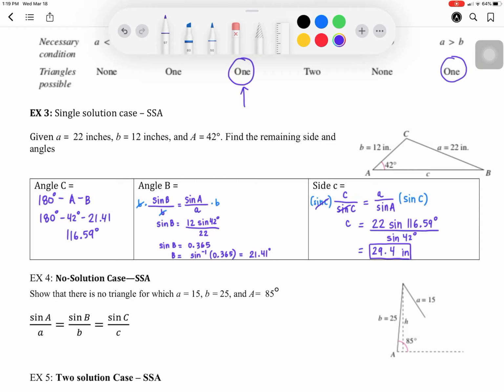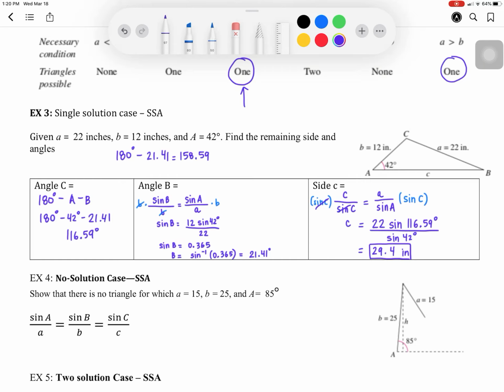Another way we can see that this is a single solution case is, if you take 180 degrees and you subtract angle B that you found, which is 21.41, you would get 158.59. Now remember that in a triangle, all the angles must add up to 180.